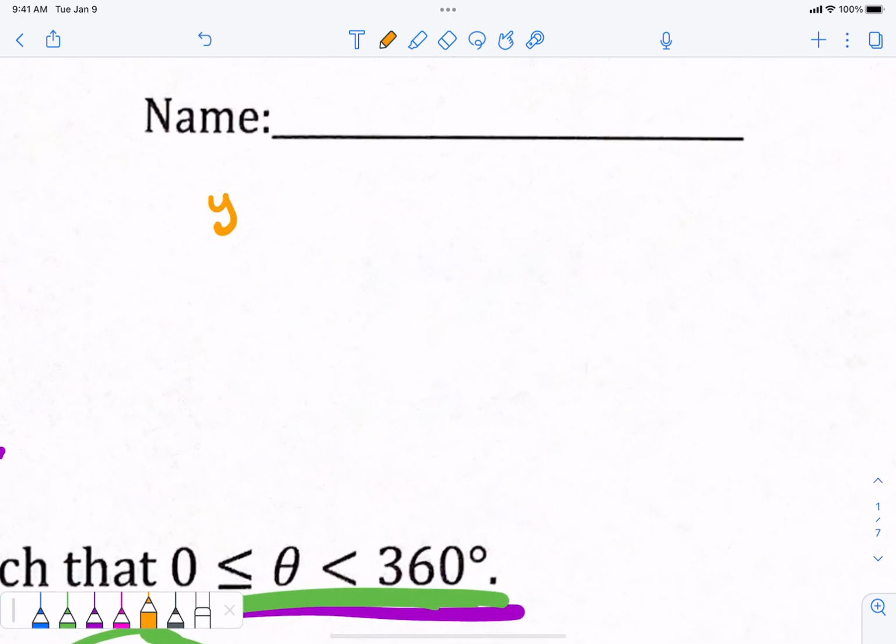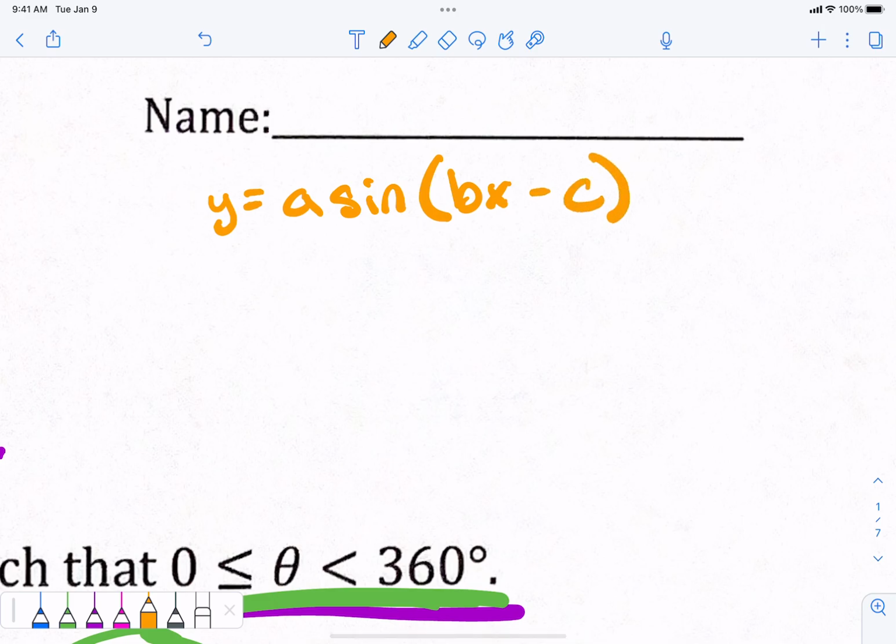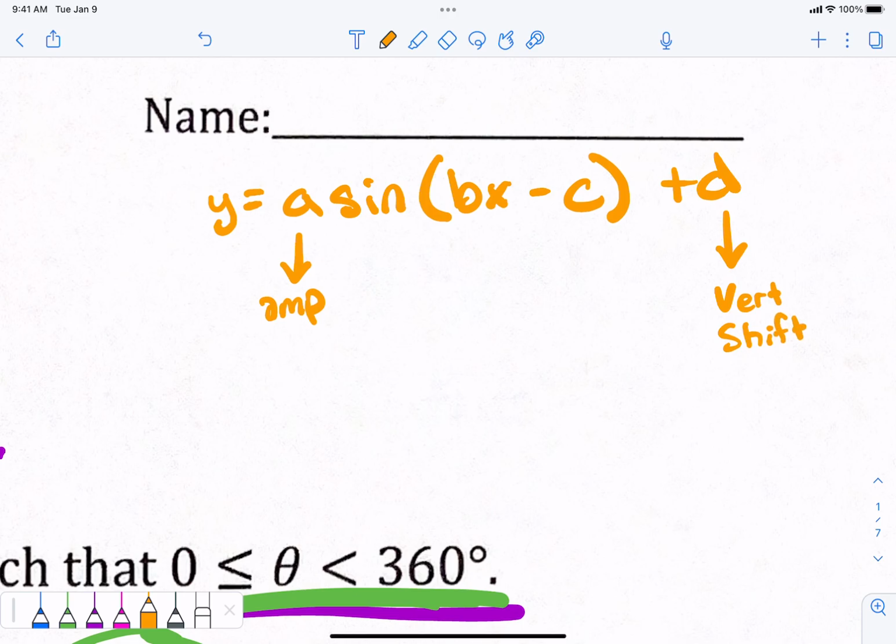Y equals A sine of BX minus C plus D, okay? A is easy. A just tells you amplitude. D just tells you the vertical shift, okay? If it's minus, that means it's going down. If it's plus, that means it's going up.